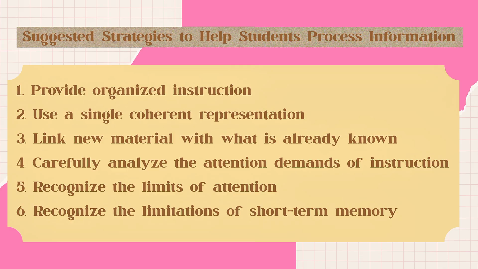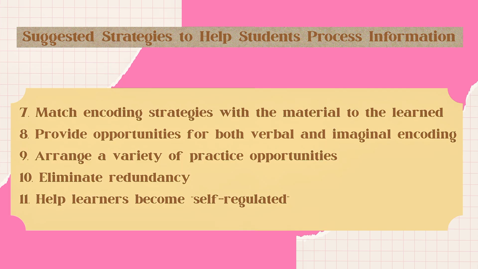5. Recognize the limits of attention. 6. Recognize the limitation of short-term memory. 7. Match encoding strategies with the material to be learned. Do not encourage use of mnemonics unless it is very necessary to memorize the material. 8. Provide opportunities for both verbal and imaginal encoding. 9.